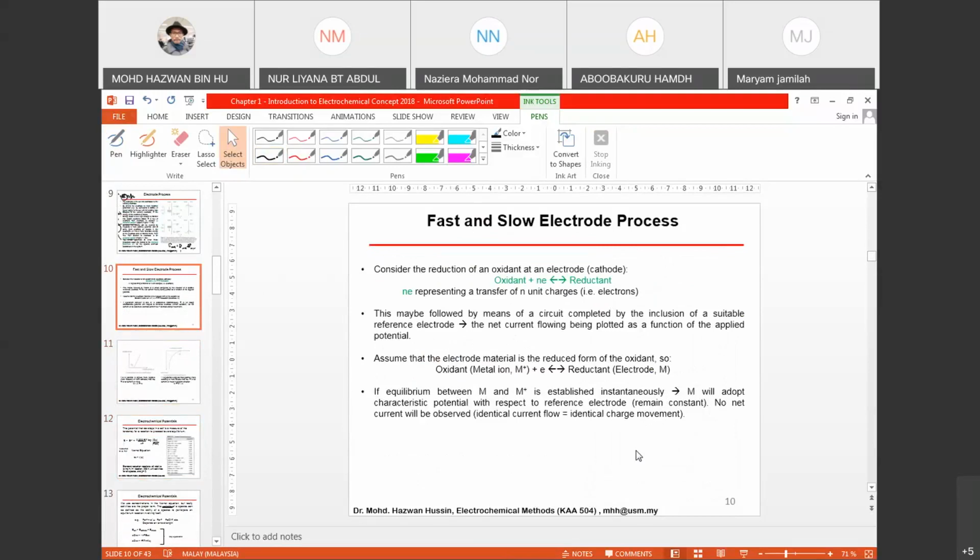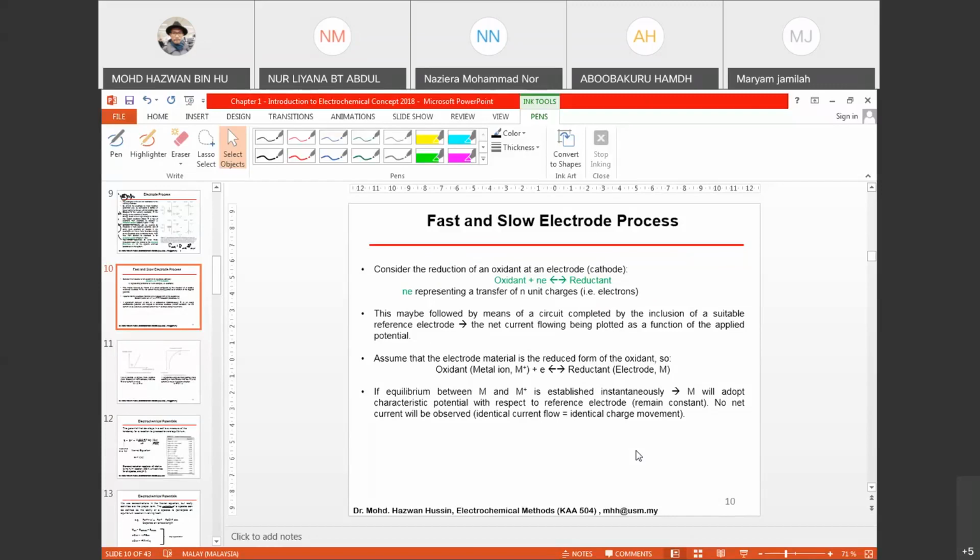How to determine whether a process is fast or slow? A fast process normally occurs if, for example, you have a very active electrode, in this case metals having a more negative standard potential. So this type of process will be faster because it's more spontaneous, more reactive, and it can occur simultaneously.